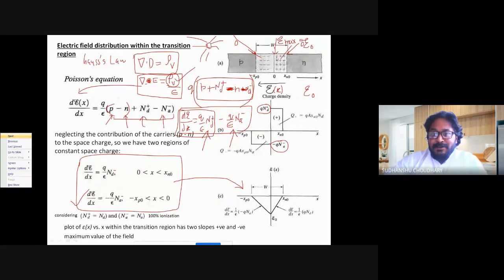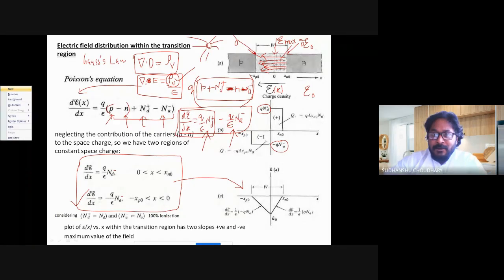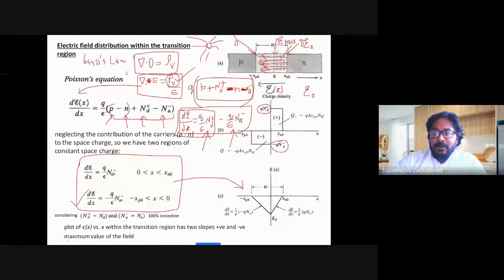That is because all field lines originating from the positive terminal cross or pass through the junction point. Since all field lines are crossing this point, the strength of the electric field will be highest here. So let us say the maximum value of electric field is E naught.